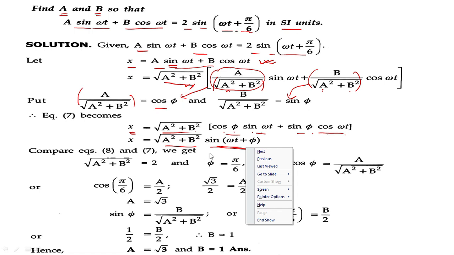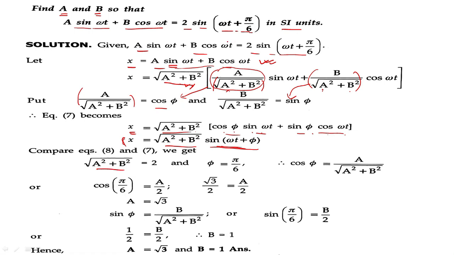Now compare this equation with the first given equation in the question. So we get 2 equal to the square root of a squared plus b squared, and phi equal to pi by 6, given in the question. So what is cos phi?